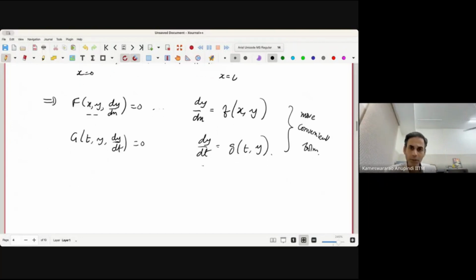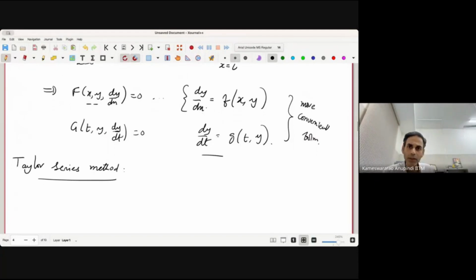Okay, so with this, let us look at what different methods are available to solve for the ODEs numerically. Okay, so the first one is known as the Taylor series method. That means we are given, so I will use the dy dx equals f of xy formulation. It is the same even if you use the other one.